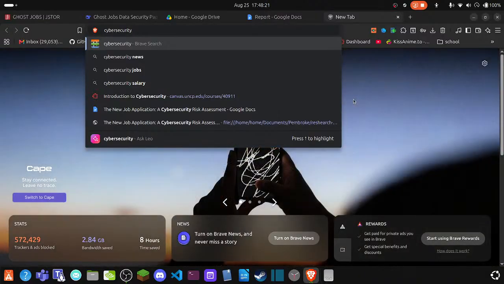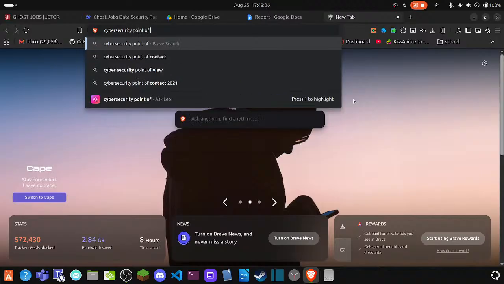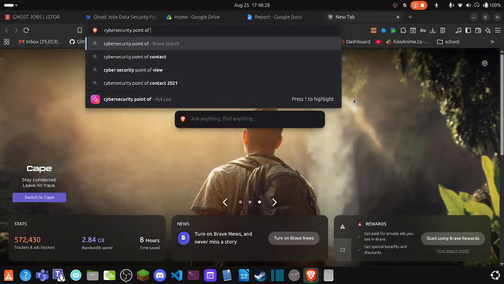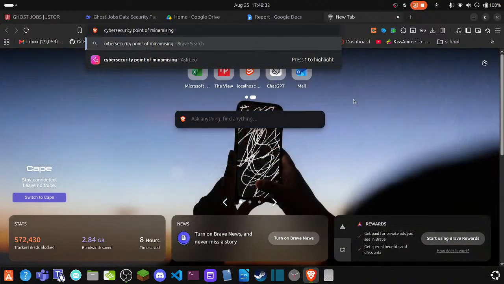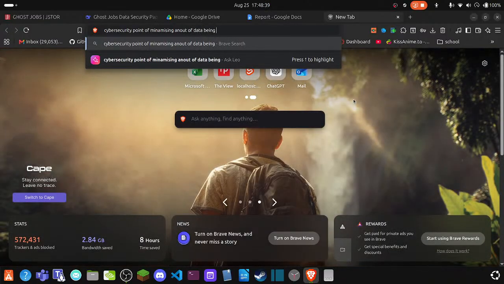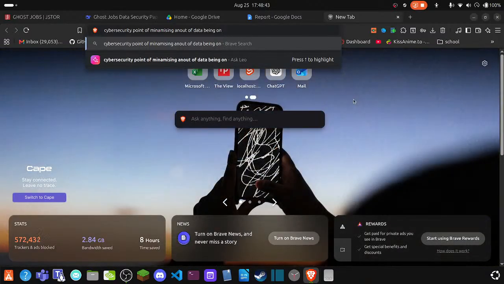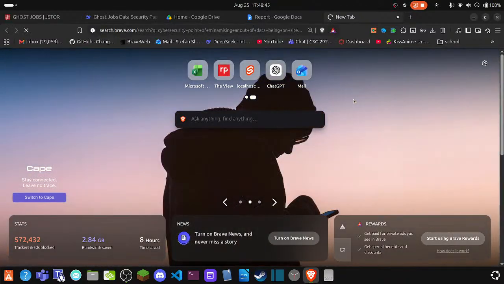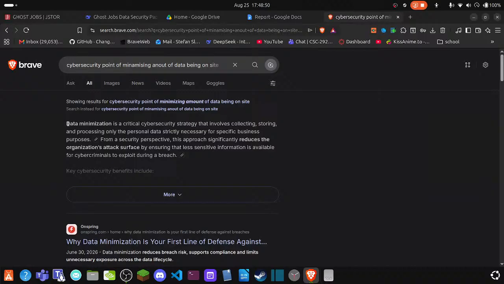It'd be the cybersecurity point of minimizing the amount of data being on site. Data minimization. There we go.